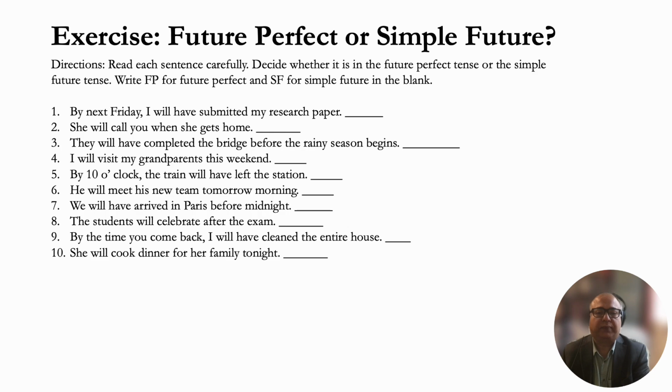You determine if it's in the future perfect tense or the simple future tense. For the future perfect tense, write FP, and for the simple future, you write SF. So FP for future perfect and SF for simple future. Okay? Pause the video here and do the exercise, and we will go over the answers together after you have finished.